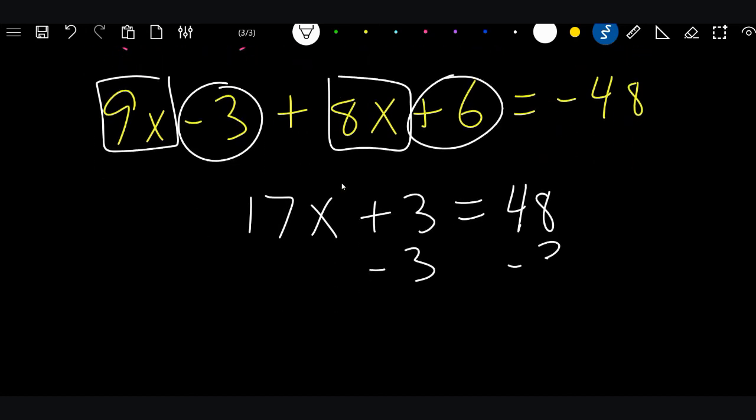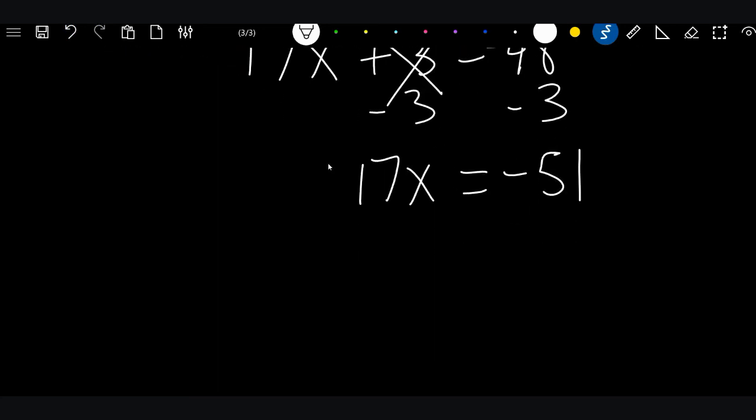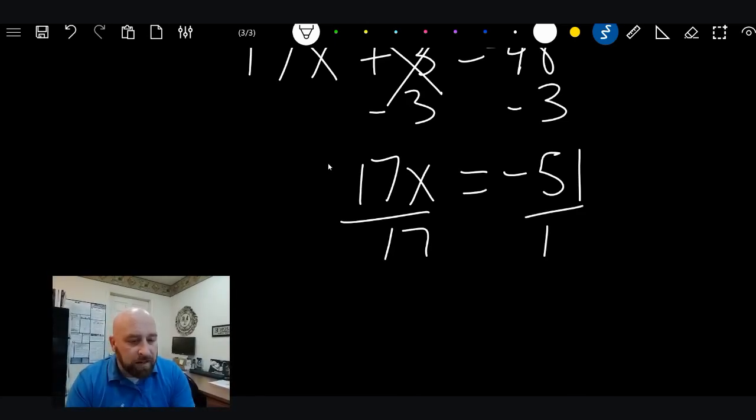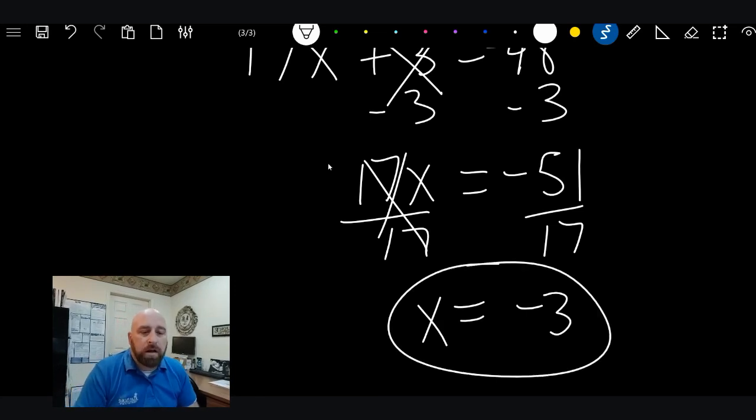Subtract 3 from both sides. Oh, sorry about that, that was negative 48 up there. So that's a negative 51. There we go. Now I'm going to divide both sides by 17, and I'm going to get x equals negative 3. If you don't believe me, you can check your calculators.